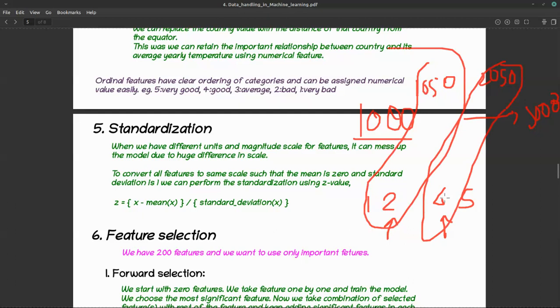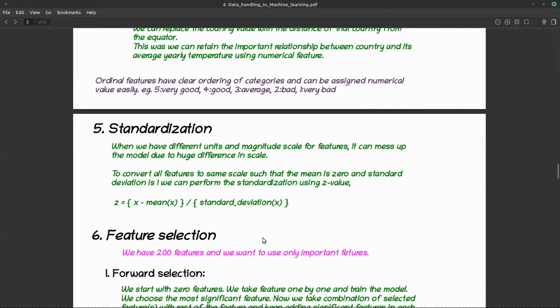It won't reflect this drastic change basically. So whenever your machine learning model needs to measure the distance, if your model is dependent on the distance measure, like logistic regression or SVM, then you need to perform standardization, right?